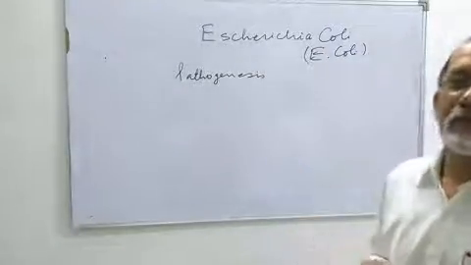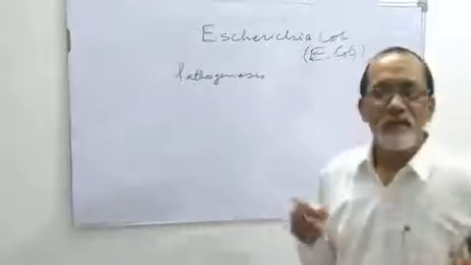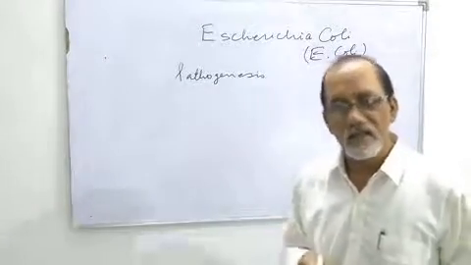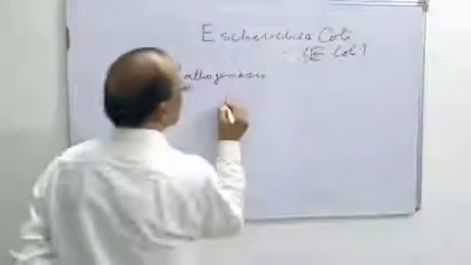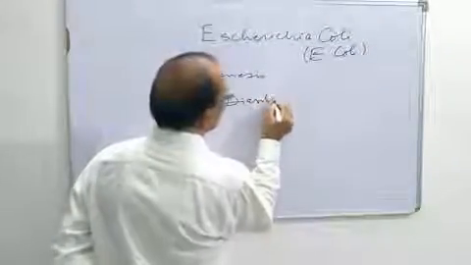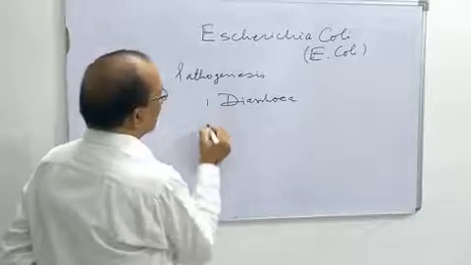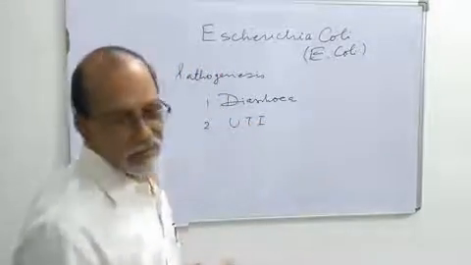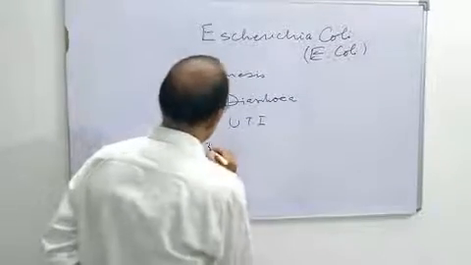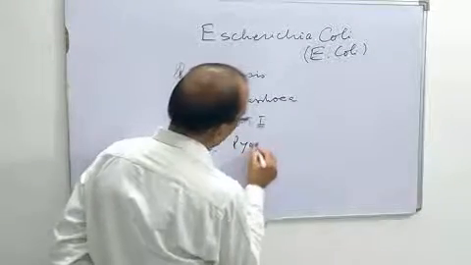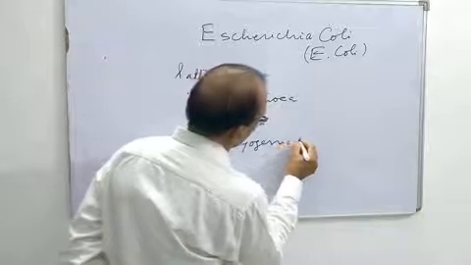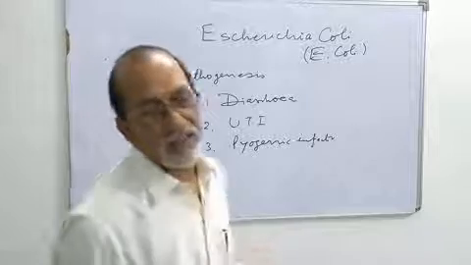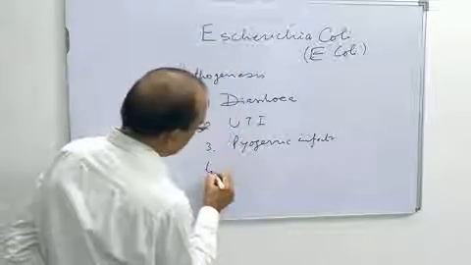There are 4 major types of clinical syndromes produced by Escherichia coli: diarrhea, second UTI, that is urinary tract infection, and third one is pyogenic infections. ओके, जिसमें हमारा पस वाले इन्फेक्शंस होते हैं, and fourth is septicemia.